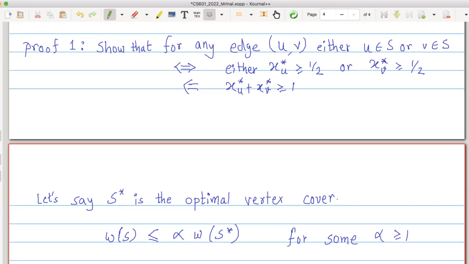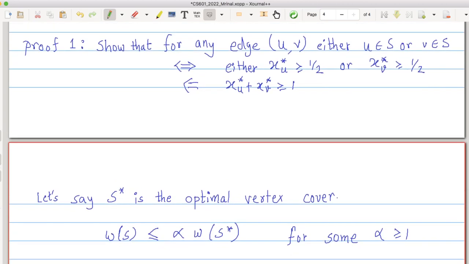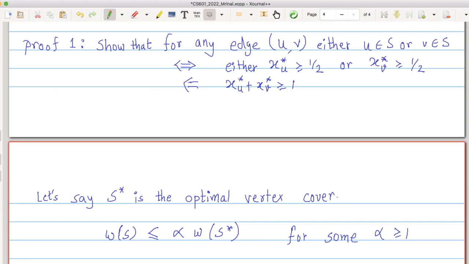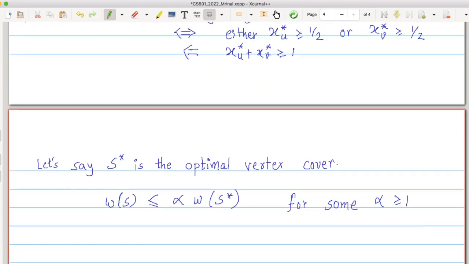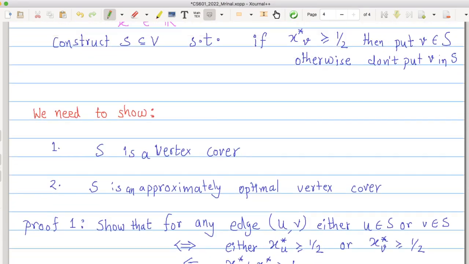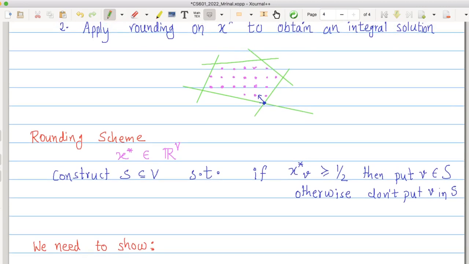What we are going to show is this: we are not going to relate the weight of S with the weight of S star. Instead, the pink point was S, the thing we got after rounding, and this X star is the LP optimal solution.